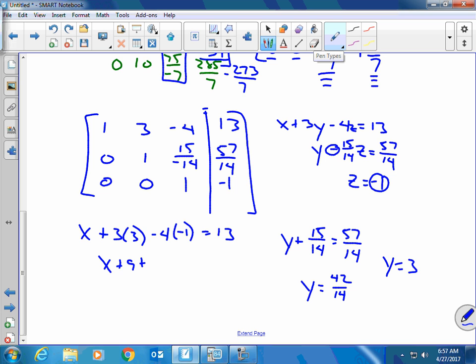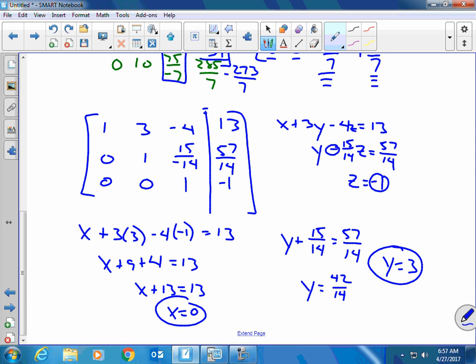My brain's not working. So I have a negative 4 times a negative 1, which gives me a positive 4. A 9 plus 4 is 13, so x plus 13 equals 13, and so x equals 0. And I found my x, I found my y, and I found my z.